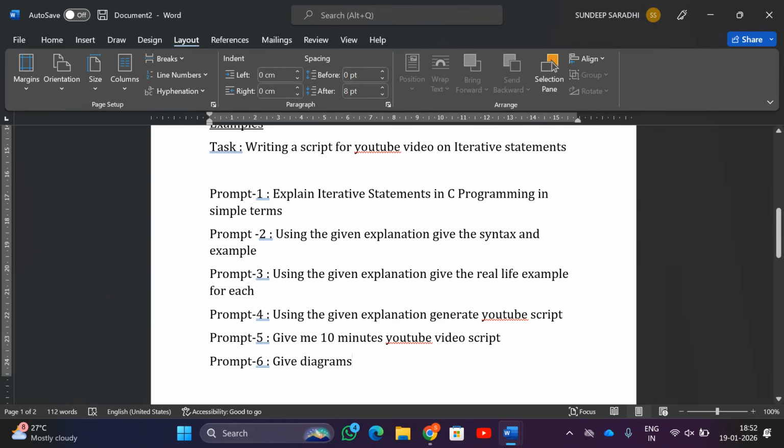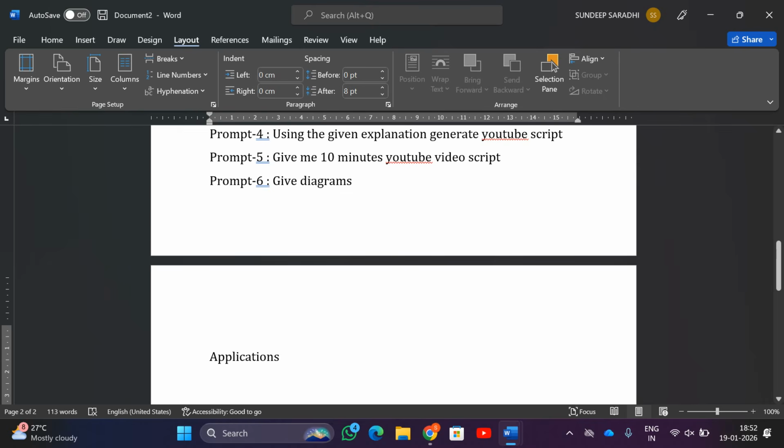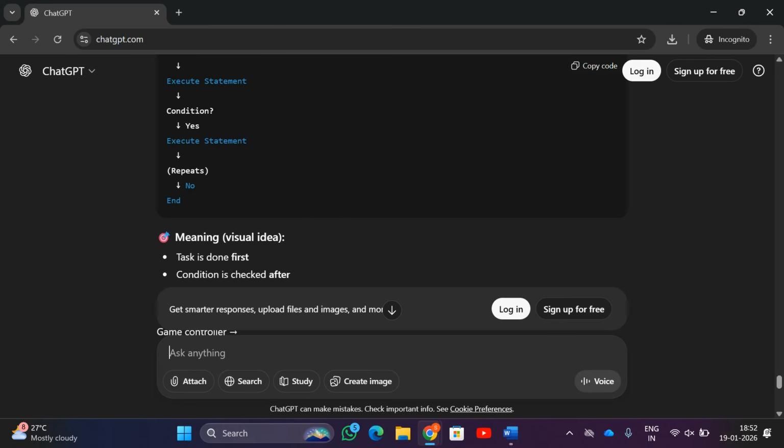where we are going to use these kinds of things, the major thing is teaching and education. So the teachers can use this prompt chaining in order to deliver the content to the students. So here you can also give the constraint, right?